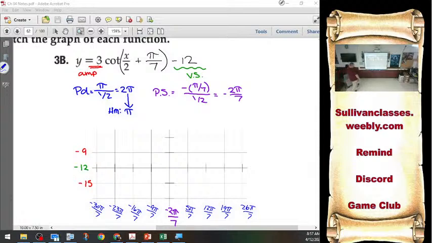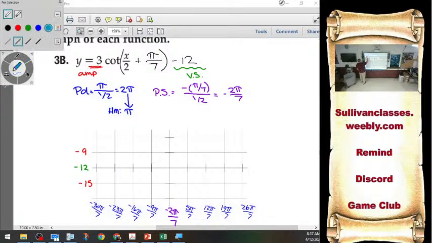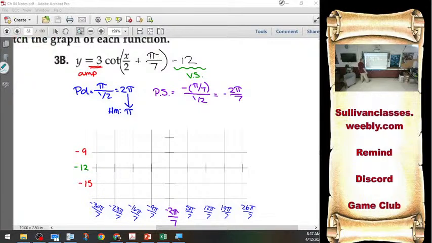And then go make a cotangent graph. A cotangent graph will be at my phase shift: asymptote, intercept, asymptote, intercept, asymptote, intercept, asymptote, intercept, asymptote, intercept.